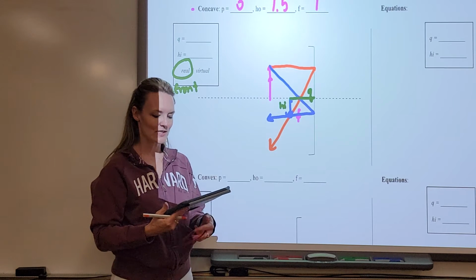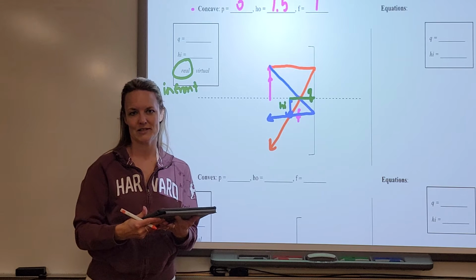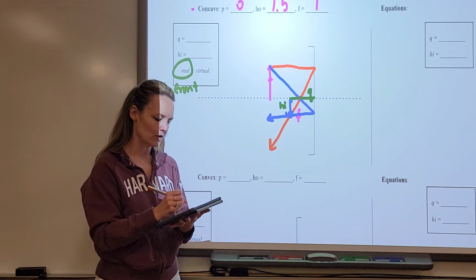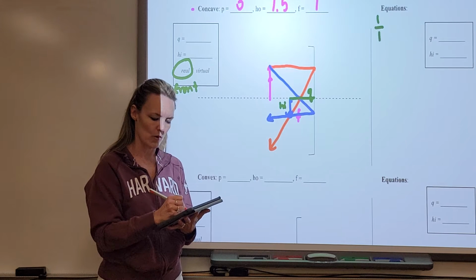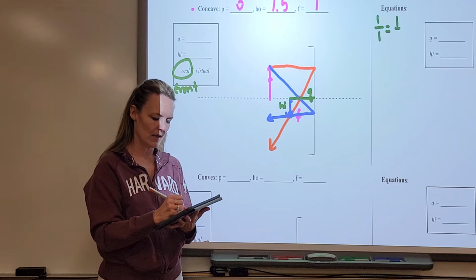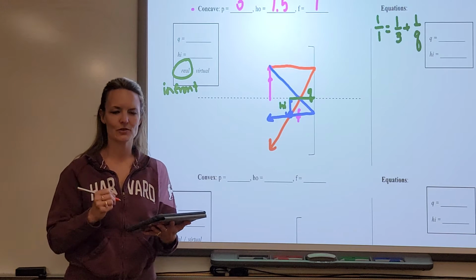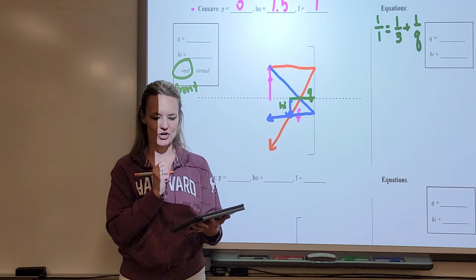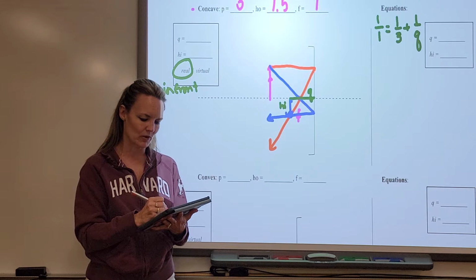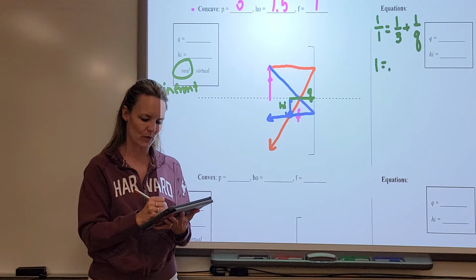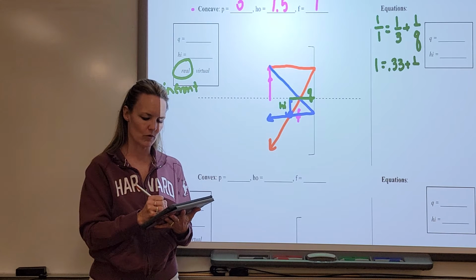You're also going to do the same thing, except you're going to use equations in order to do it. So you're going to take your 1 over f, 1 over 1, equals 1 over p plus 1 over q. You are going to subtract the 1/3. You can turn it into decimals if you like, so we'd have 1 equals 0.33 plus 1 over q.